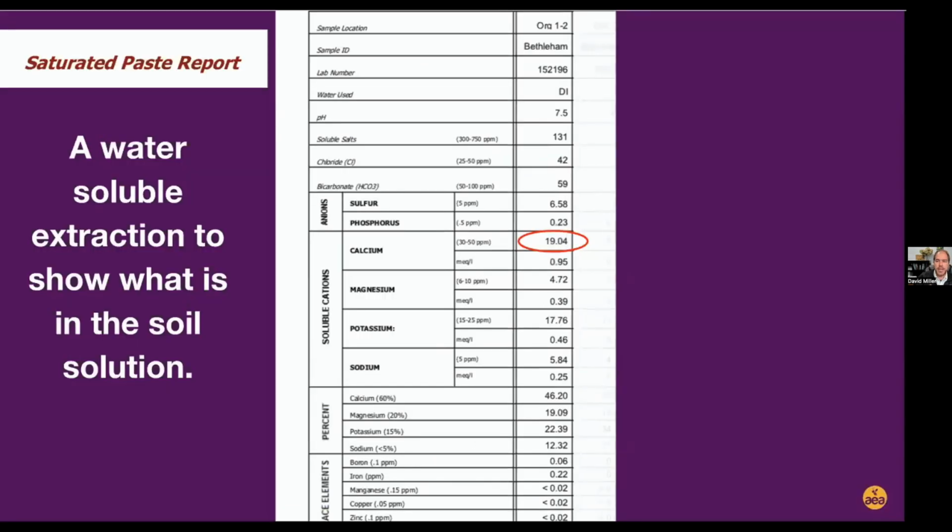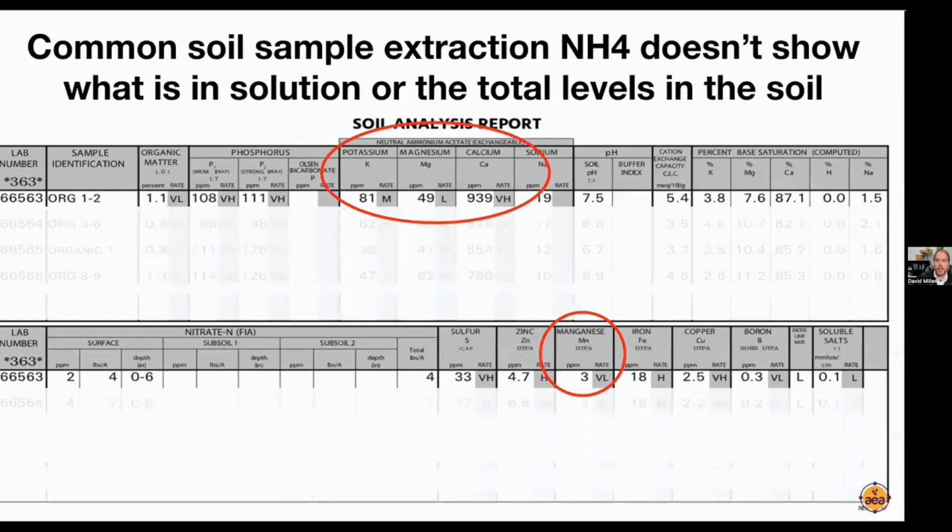Now this next test is not it. The one previously here, I'm sorry, was an ammonium acetate extraction. So that's the Mehlich 3, and the ammonium acetate extractions are very similar in the amount of nutrients that they will extract. So they're comparable in that way.